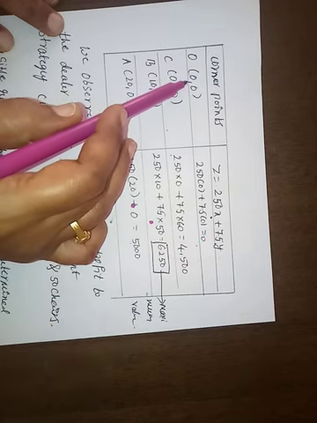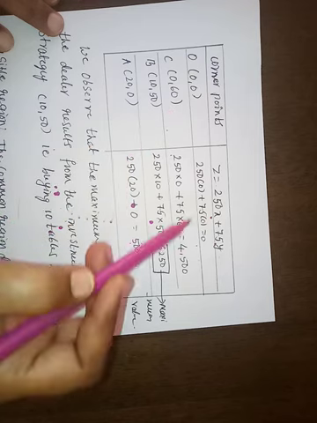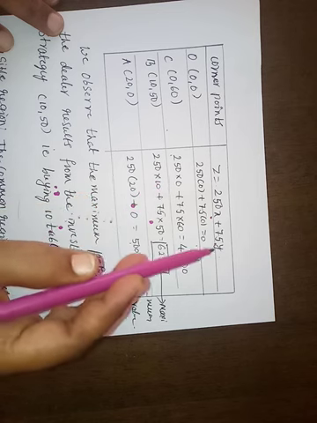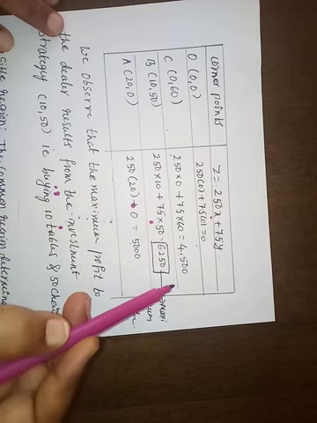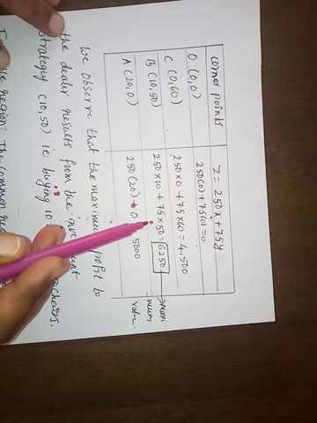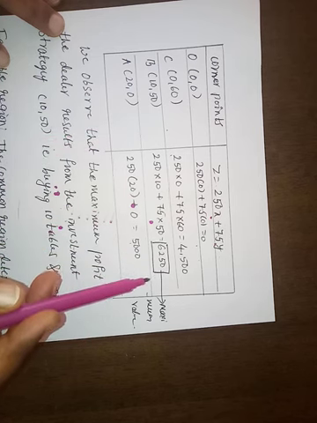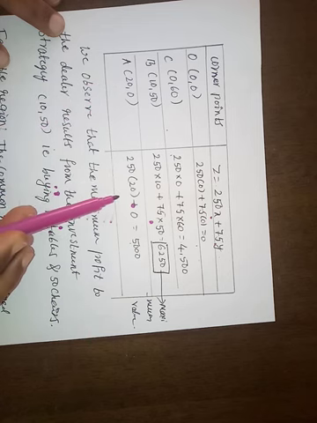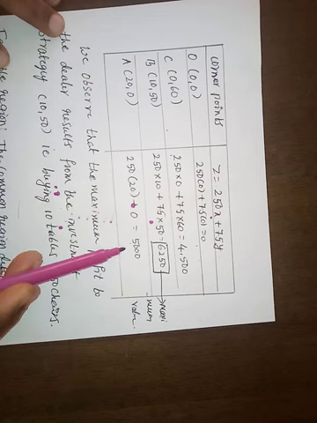O is origin, therefore x is 0, y is 0, we'll get 0. C, that is 0, 60, means x is 0 and y is 60, substitute, we'll get 4500. Next B: 10, 50, 250 into 10 plus 75 into 50, we'll get 6250. Next A: 20, 0, 250 into 20 plus 0, we'll get 5000.